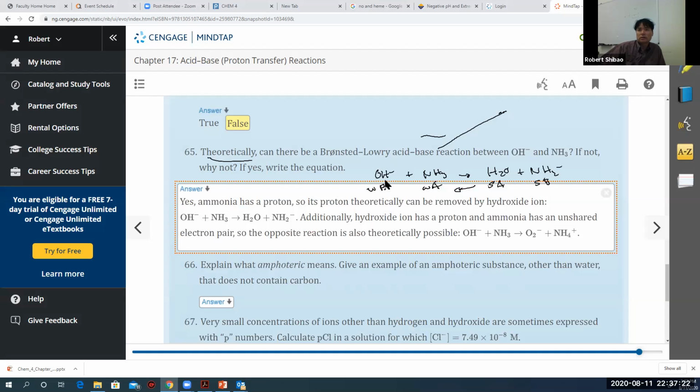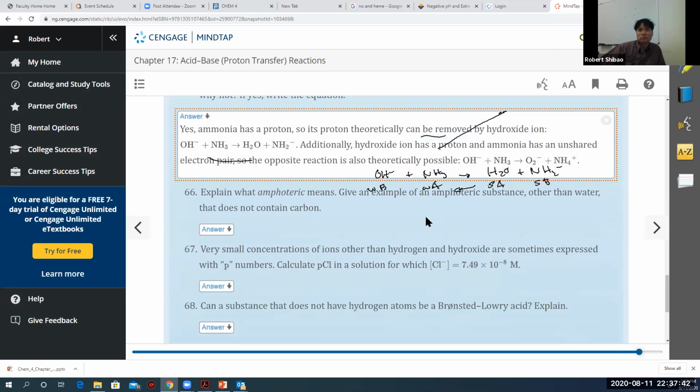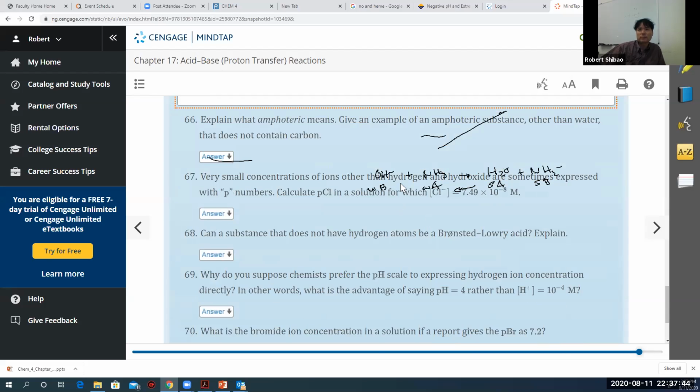I picked the stronger acid to be the acid, and the stronger base to be the base, so hydroxide. The other reaction is much less probable. They're showing all the variations, and if they're going to do that, they need to include water. I'm picking just the most probable reaction.